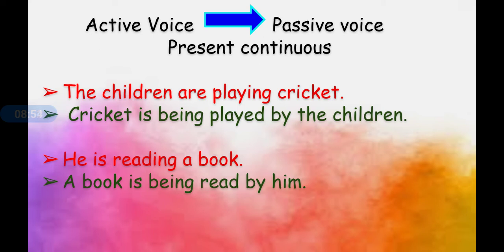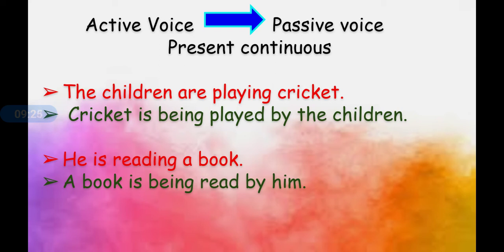Cricket is being played by the children. Here we have to use is or are. If cricket is singular, so we will be using is plus being plus past participle form of the verb, that is played. So, when the sentence is there in the continuous tense, a word being is a must in the passive voice. We have to remember this.